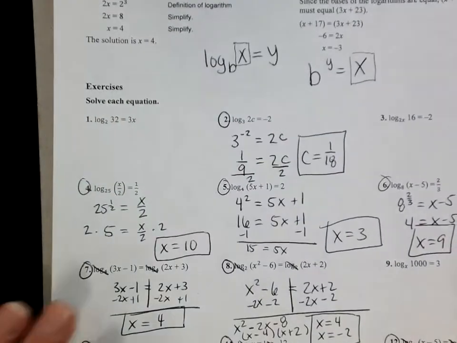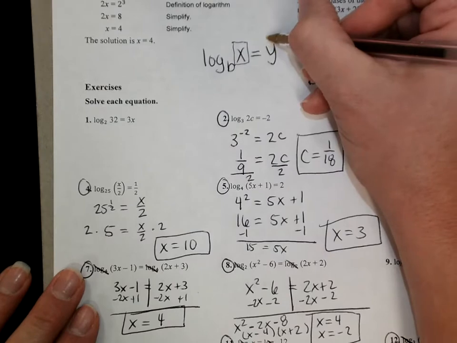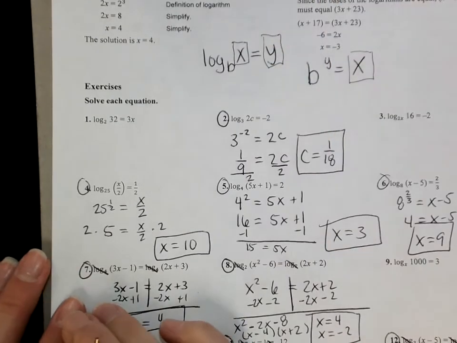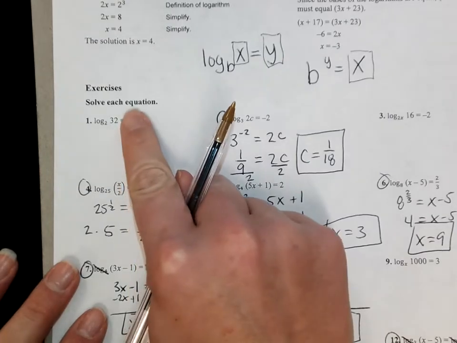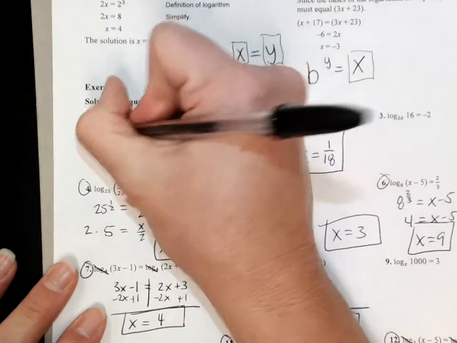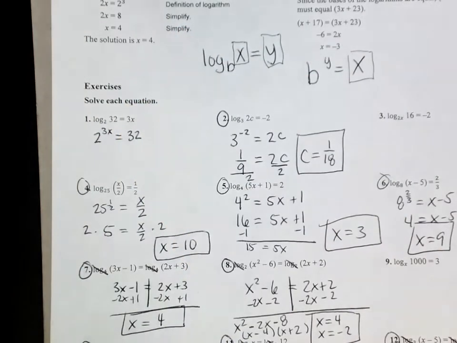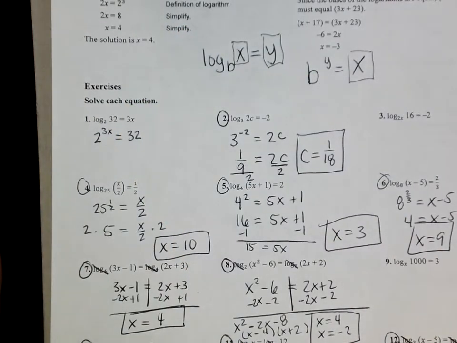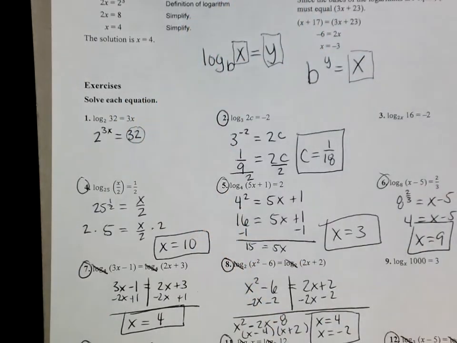This one, question number 1, when you're solving for the y thing, that's actually very similar to what we did on 7.3. You have a log and you want to know what it equals, so you rewrite it. This is 2 to the 3x power equals 32. Well, just like we did yesterday, you have to rewrite this as 2 to some power.